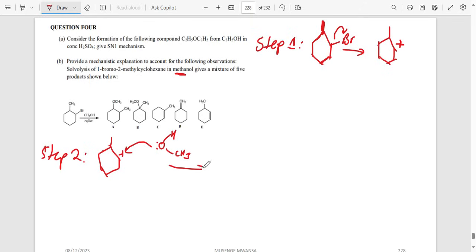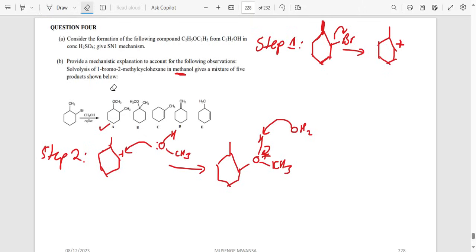When it attacks at this point, what will form is this hydrogen here and then CH3 here, and this is positive. Next, another water molecule or another methanol can come in, because this is happening in solution. This will grab this proton, this bond breaks. So what product are we forming from those which have been listed? We have formed A. So I can tick A.